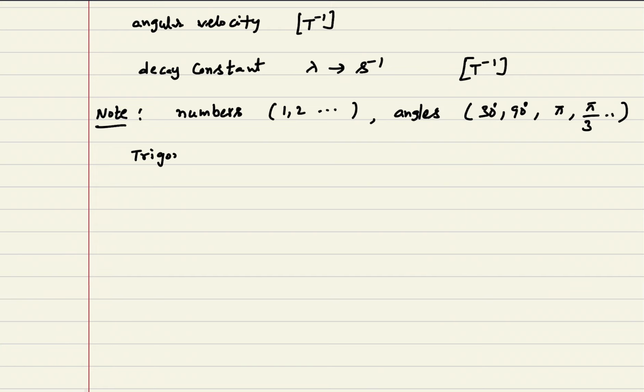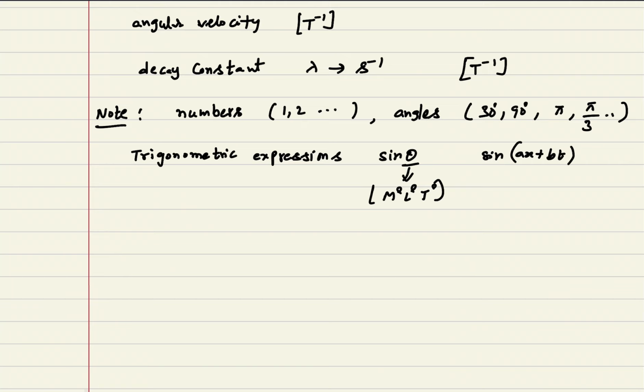Trigonometric expressions, such as sine theta. This theta is dimensionless. You can write m power 0, l power 0, t power 0. Similarly, if I write the sine of ax plus bt, the dimension of ax plus bt is m power 0, l power 0, t power 0.